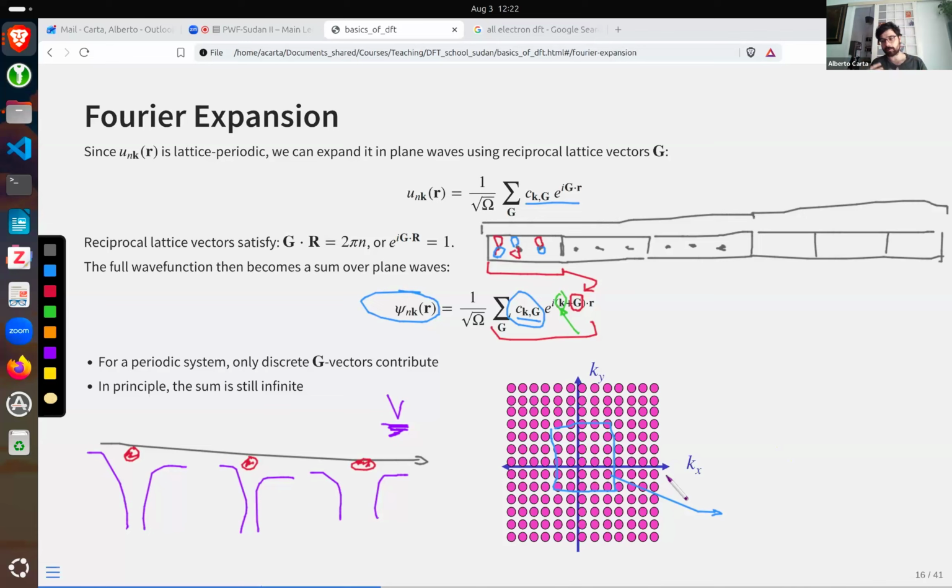And the price that you pay by truncating is that you lose the ability to describe the smallest wiggles inside the unit cell. The very big wave vectors describe extremely small, extremely wiggly behavior in the unit cell.